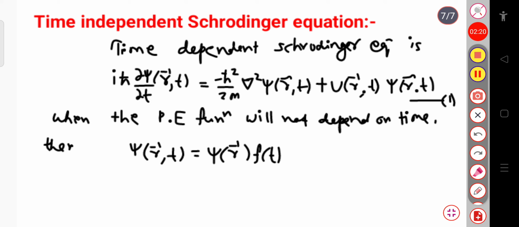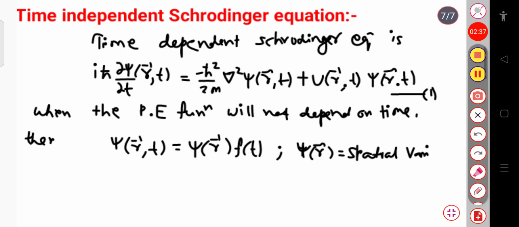Here psi of r is the spatial variable, it means it will depend on the space coordinate only, and this f of t is the function of time.